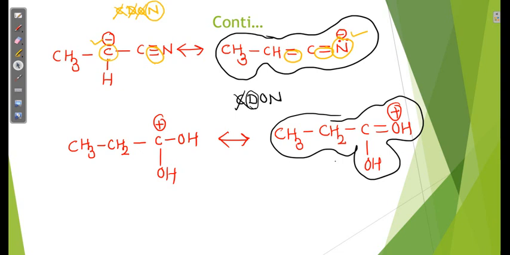In this structure there is no complete octet, because this is 2 electrons, this is also 2 electrons, this is also 2 electrons. So the total number of electrons for the carbon containing positive charge is 6 electrons. So it is an incomplete octet. As a complete octet increases stability, this is the less stable structure, this is the more stable structure. Let us go ahead.